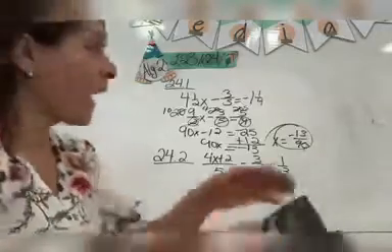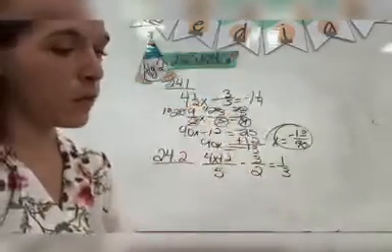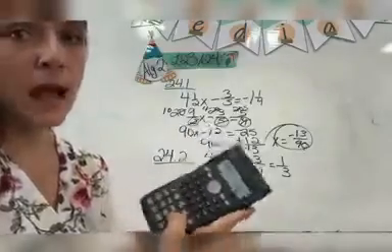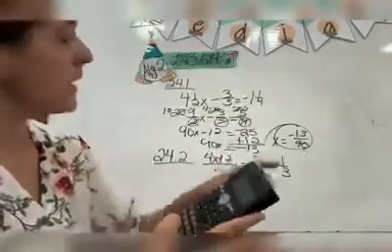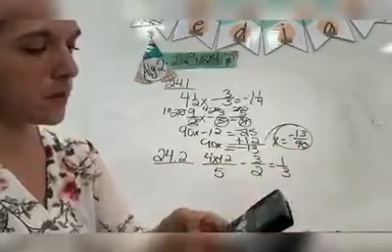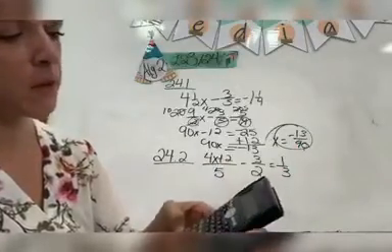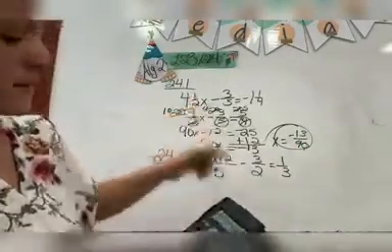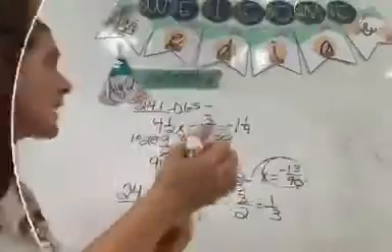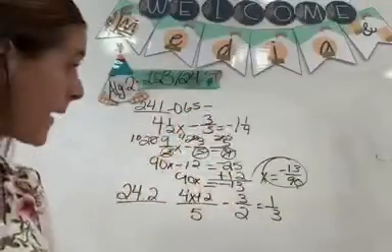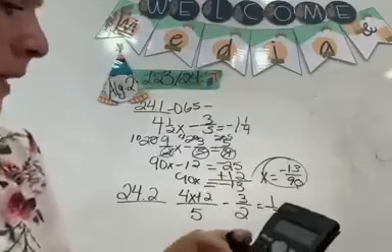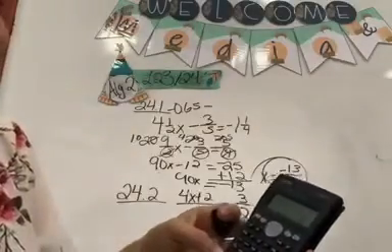I have 4.5 times, parentheses, negative 13 divided by 90, and you get negative 0.65. And I would just write that right here. So you get a negative 0.65 minus, and then I deleted it after my thing, but I'm going to put it back in.